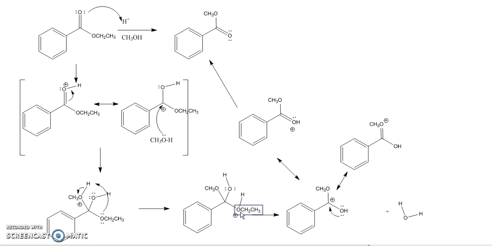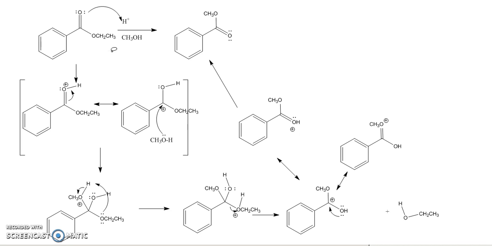Meaning that this time it's the ethoxy group that has the positive charge on it, and it's this group that leaves. And I lose a molecule of ethanol this time, but I get the same intermediate I had before in my Fischer esterification, and everything proceeds exactly the same way through the rest of my reaction to my final product.